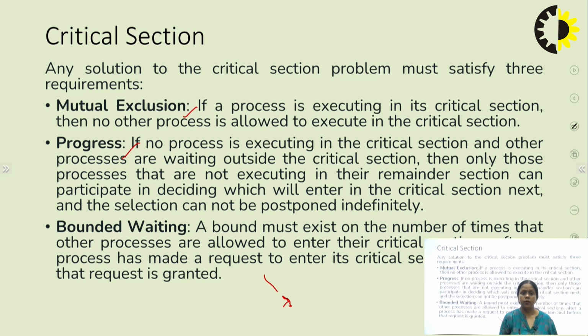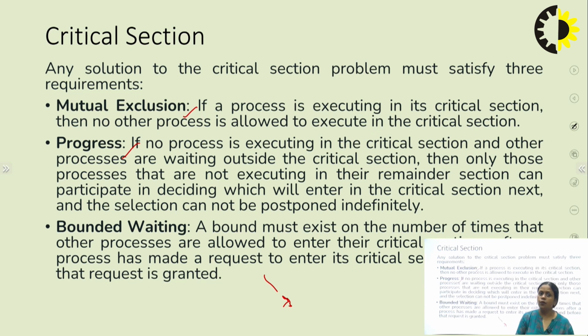If there is one process in the critical section, then the other process has to wait for the previous process. It should wait. Now next is progress. What is the meaning of progress?